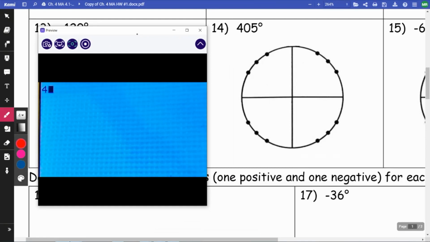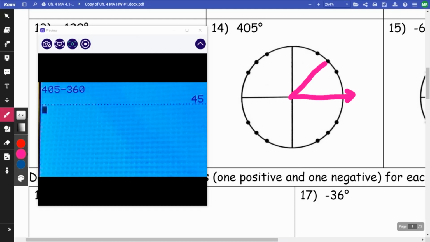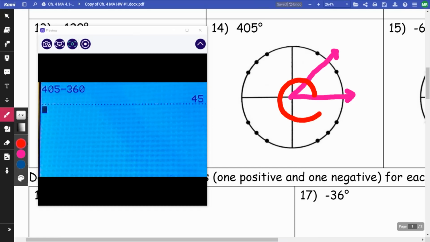Okay, take 405 and I subtract 360 from it, 360 degrees. I get 45. So this is going to be at 45 degrees. So I'm going to start here. This middle one is 45 degrees. Now, we did not go from here to here. We went around 360 degrees and then to here.